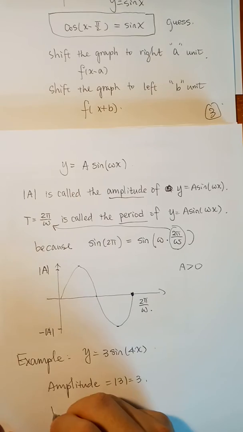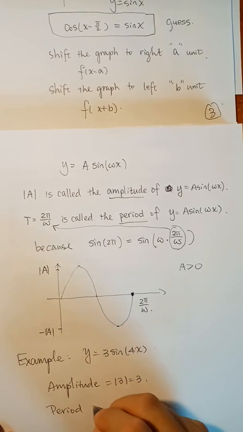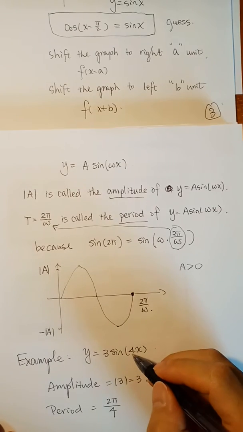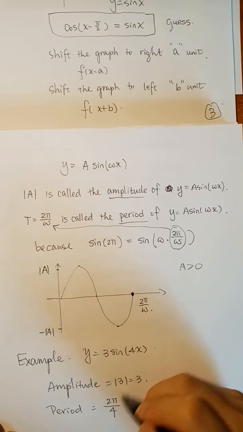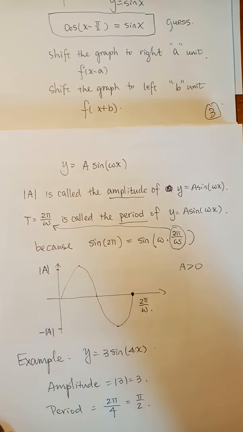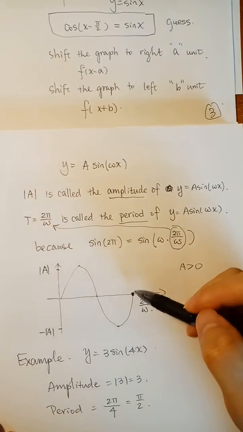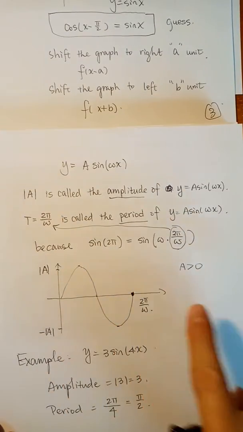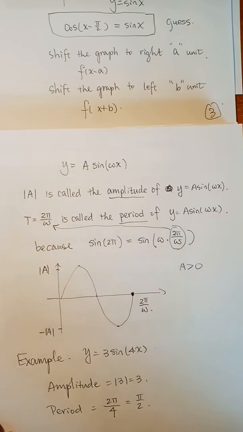The period is 2 pi over 4. Remember, this is a division: 2 pi over the coefficient. 2 pi over 4 is pi over 2. Okay, so this is the period, which means the graph will repeat every pi over 2 units. Every pi over 2 units, the graph will repeat once.